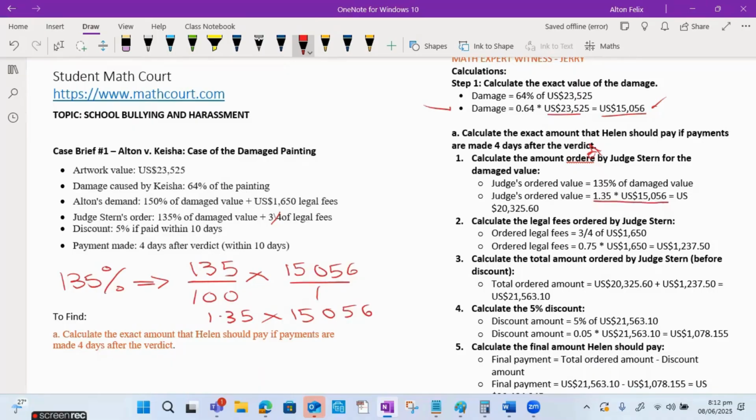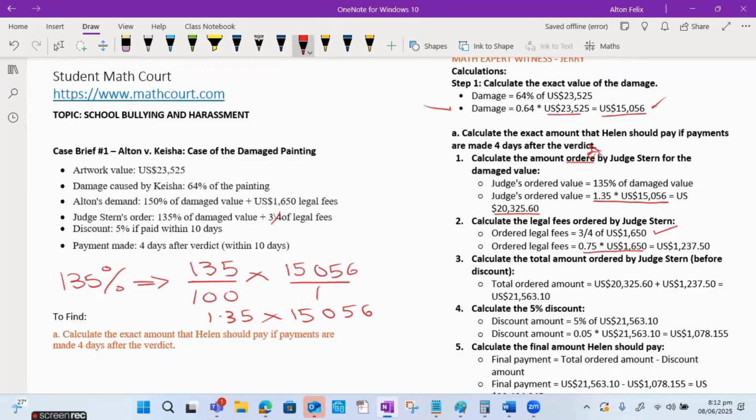So the total now is $20,325.60. In addition to that, 3/4 of the legal costs should be added. And then that translates, 3/4 is 0.75.